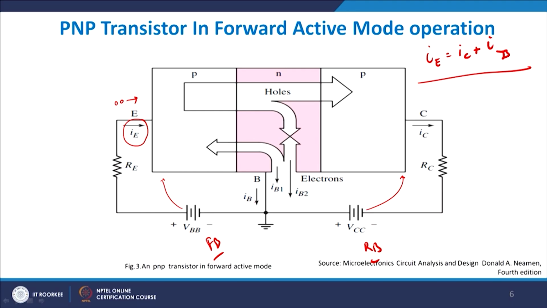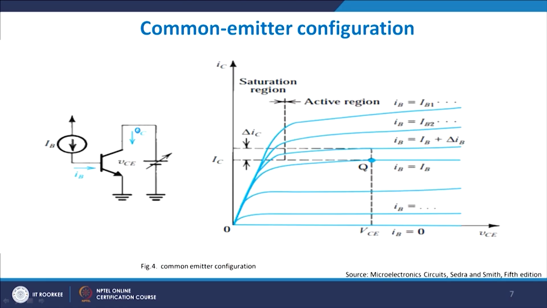Electrons and holes will combine here, requiring that many electrons. Electrons will be moving in this direction, so holes will be coming out in this direction. So, you see IB2 to be that electron current, and the rest of the holes move in this direction, and therefore IC is always in the outward direction. So, IE equals IB plus IC. RC and RB are the resistances which you see in a typical operation.